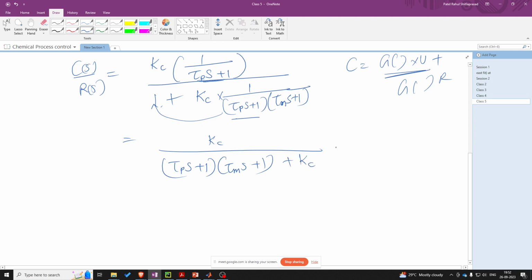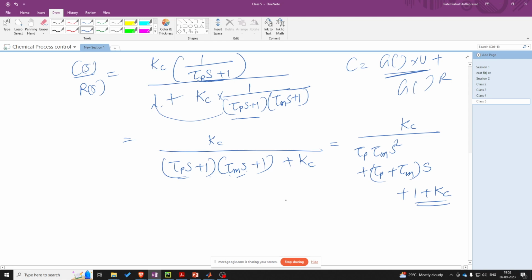Then we can open this bracket and simplify it further to get Kc upon tau P tau M S square plus tau P plus tau M S plus 1 plus Kc. So this is what we will be getting.